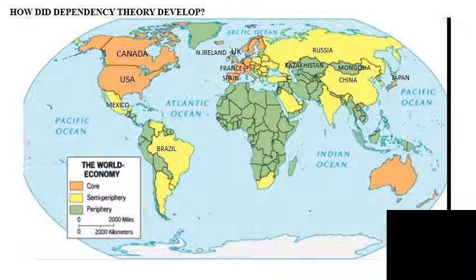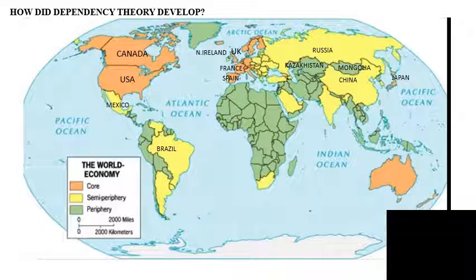Further, this map will help you to understand what exactly this relation is. Just an overview. We will use this map again, but at the moment, just look at this map and see that countries across the globe have been colored in three colors. Some countries are colored orange, some are yellow, and some are pale green.